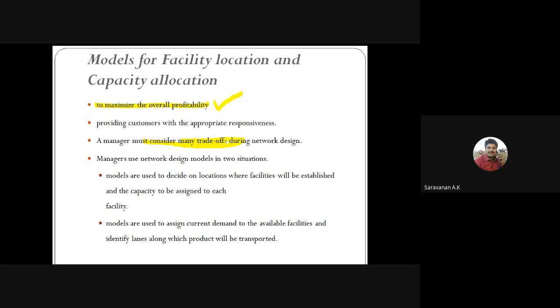Then the managers use the network design models in two situations, right? So what are the two situations? The first one is the model used to decide the locations where the facilities will be established and the capacity to be assigned to each facility. That's the first situation. And the second situation is that the models are used to assign the current demand to available facilities and identify the lanes along which the products will be transported.